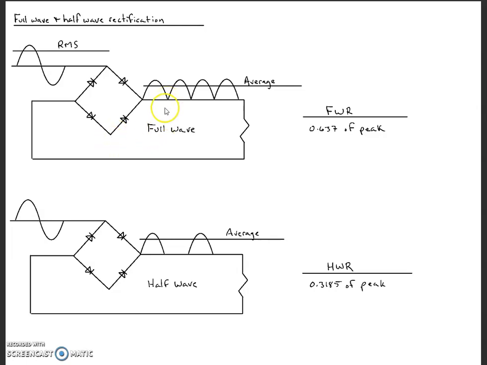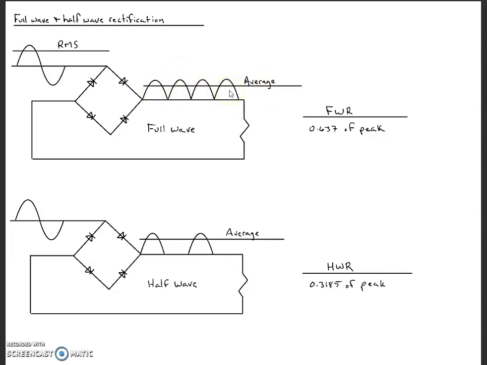We generate, rectify, and then convert it back. So from the dam to the city, it gets converted into DC. We use bridge rectifiers, and this just keeps getting closer to a DC, less and less pulse.